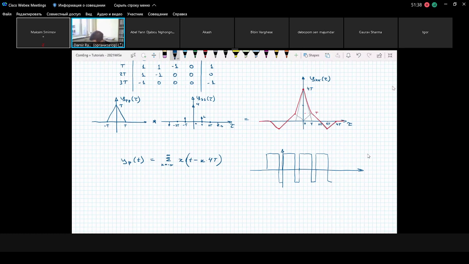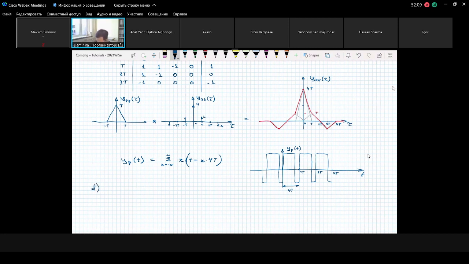It goes from minus infinity to plus infinity. This is our signal y_p of t in the time domain, and this period equals 4 capital T. And now we need to find the autocorrelation function.